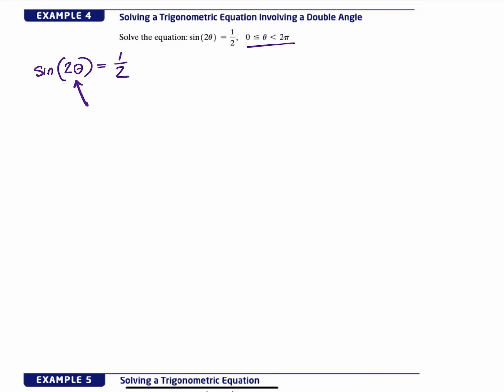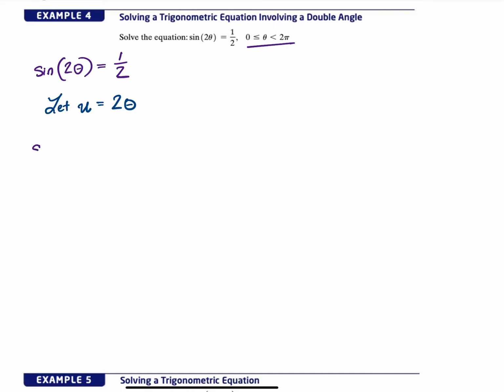It can be useful to do a substitution to think about this a little bit differently. Like I'm going to say, let this random variable u equal 2 theta, that thing that is inside here. So this is mostly a visual help to help us think about this.